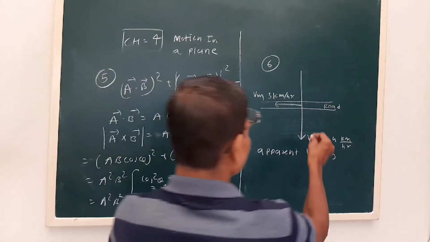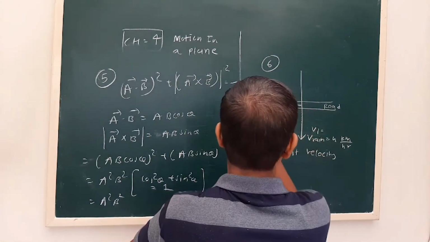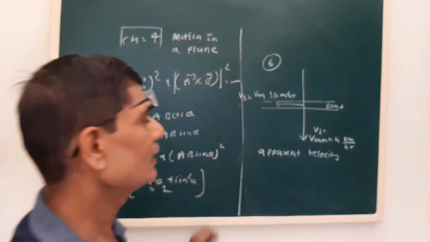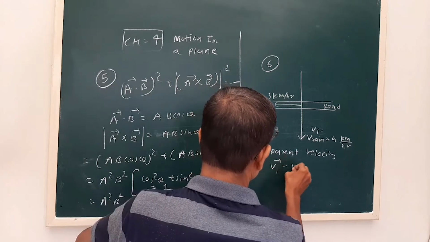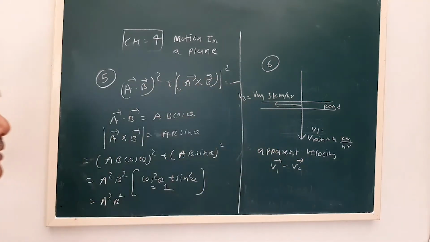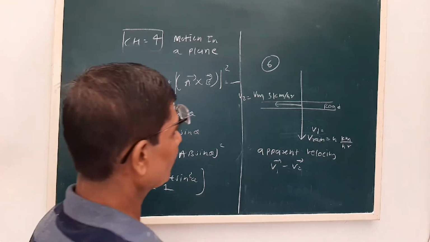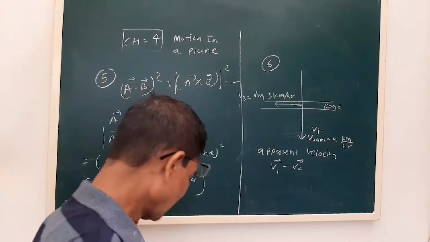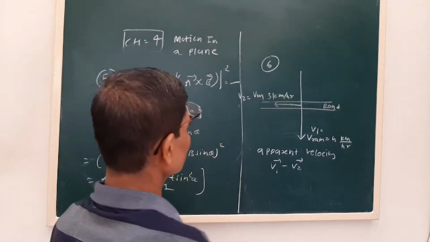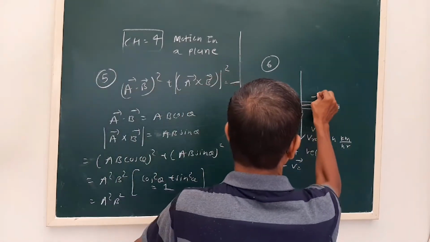Let us say this is V1 and this is V2. When I talk of relative velocity, I want to obtain V1 minus V2. This is V2 given, I want minus V2, so the opposite direction will be minus V2.